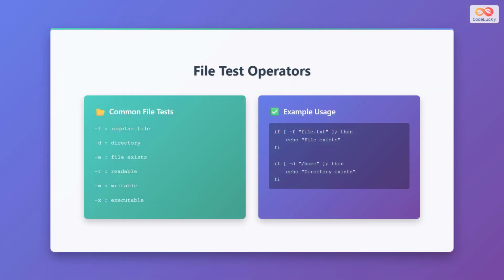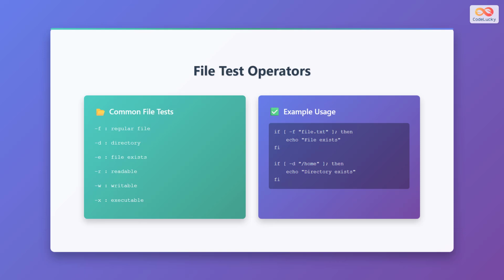File test operators are essential for checking file properties and existence before performing operations. Common file tests include -f to check if a path is a regular file, -d to verify if it's a directory, -e to test if a file exists, -r to check if it's readable, -w to verify if it's writable, and -x to test if it's executable.